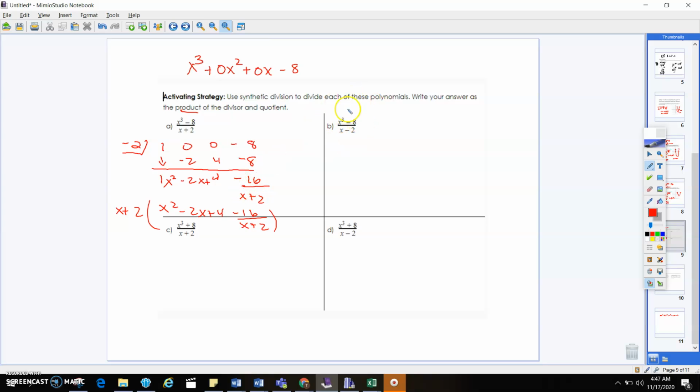Alright, go ahead and try B. Okay, so again, switching that sign, and then going ahead and doing that. Pause the video and try it. So this is really this written out. Okay, we're going to change the sign. We're going to write out all the coefficients. We're going to bring down the first term, multiply, add, multiply, add, multiply.